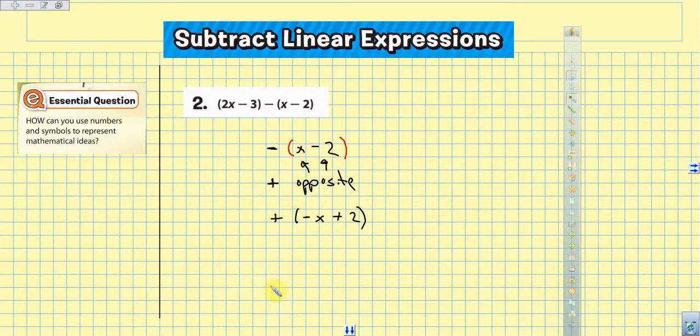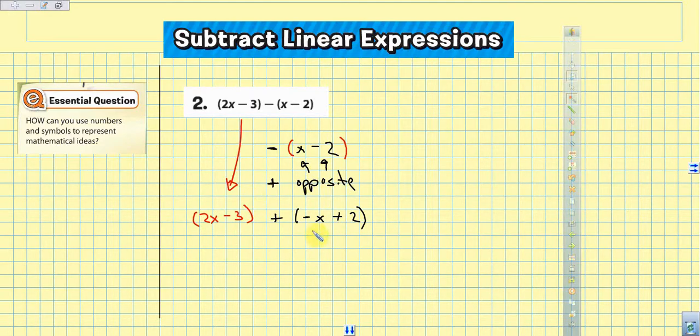So now I have 2x minus 3 plus the new quantity, -x plus 2, which all I did was add the opposite. So that's kind of what we do in subtracting anyways. It's just in this case, we have two terms that we have to make opposite.